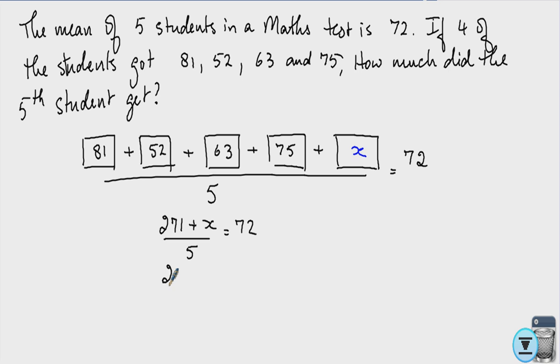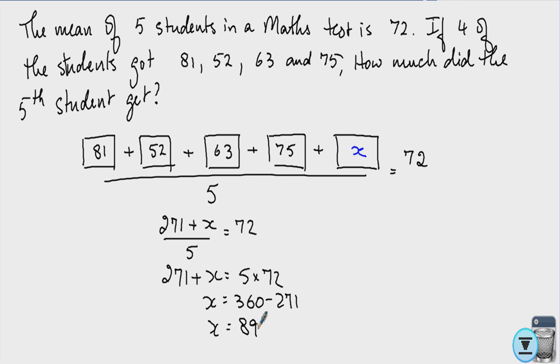If I remove the 5, I get 271 plus the unknown mark is 5 times 72. 5 times 72 is 360. So X is 360 minus 271. So X, the unknown, got a mark of 89.